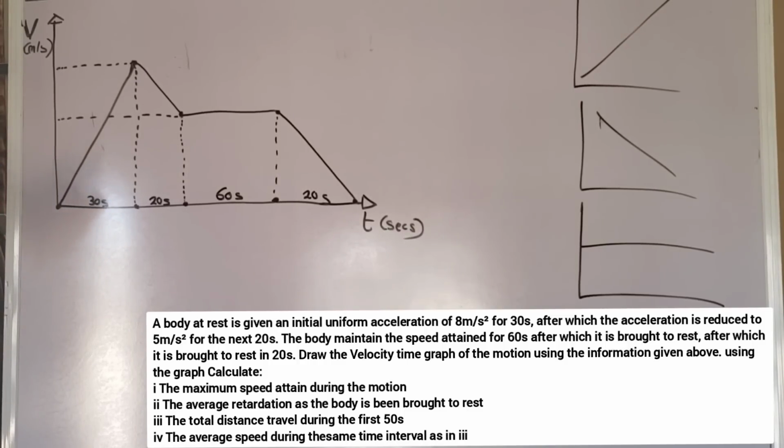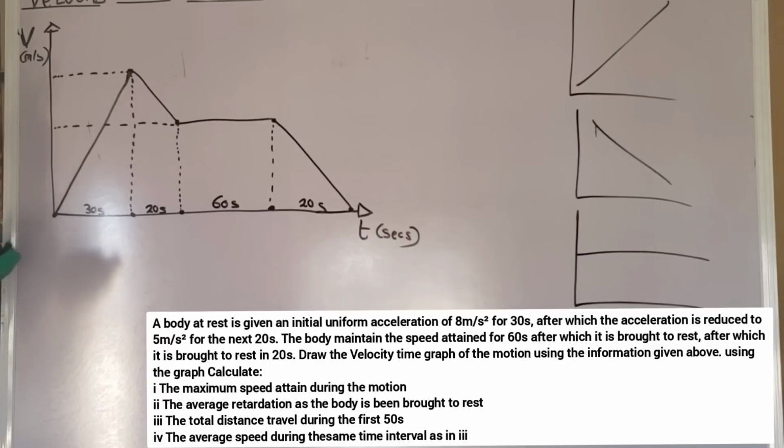Now, please pay attention. We are asked to calculate the maximum speed attained during the motion. You see, we cannot determine the maximum speed attained without knowing the initial velocity. The initial velocity is the velocity here. The velocity at this point is the initial velocity. Please pay attention.